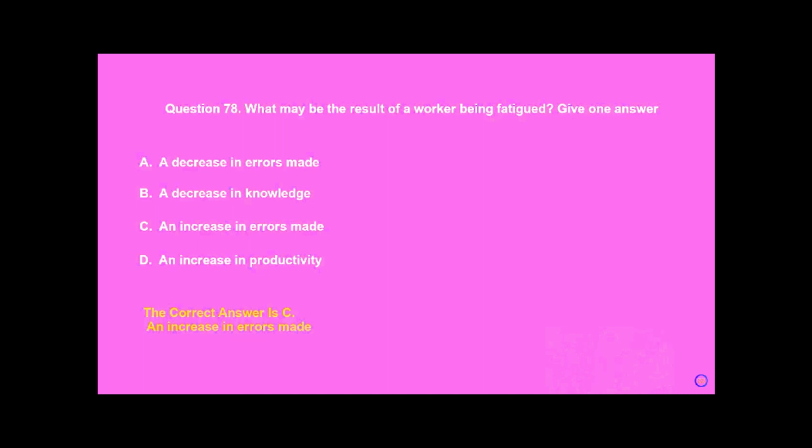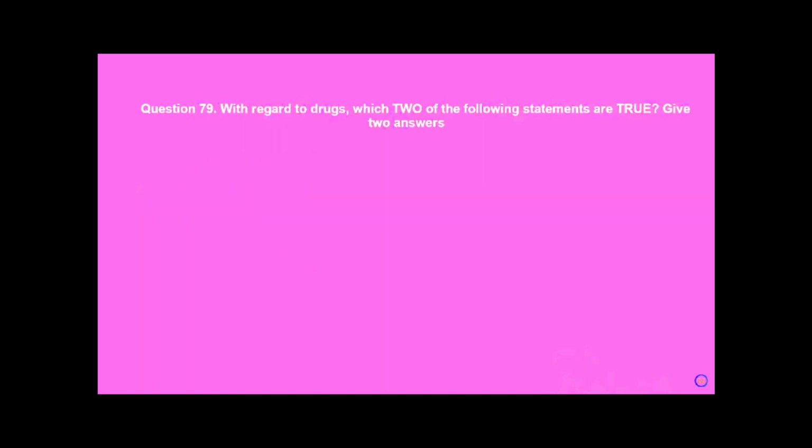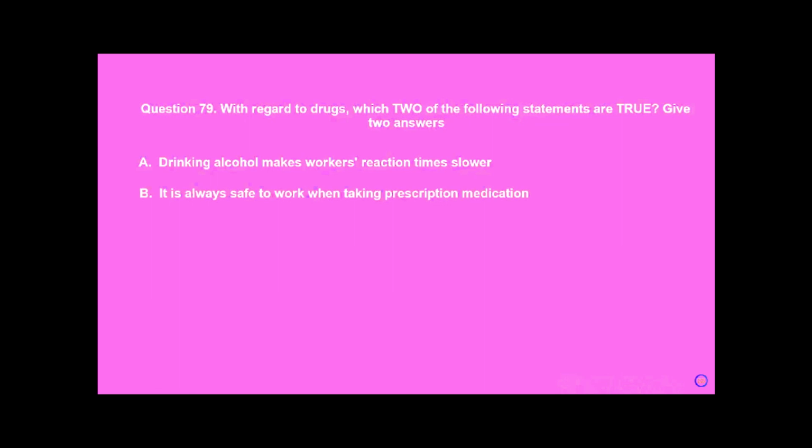Question 79. With regard to drugs, which two of the following statements are true? Give two answers. A. Drinking alcohol makes workers' reaction time slower. B. It is always safe to work when taking prescription medication. C. It is sensible to take stimulants when a large amount of work needs quick completion.